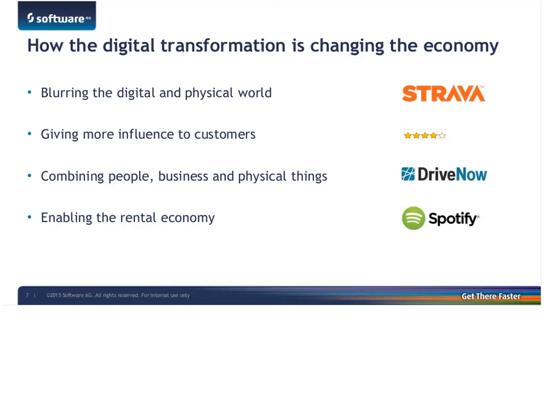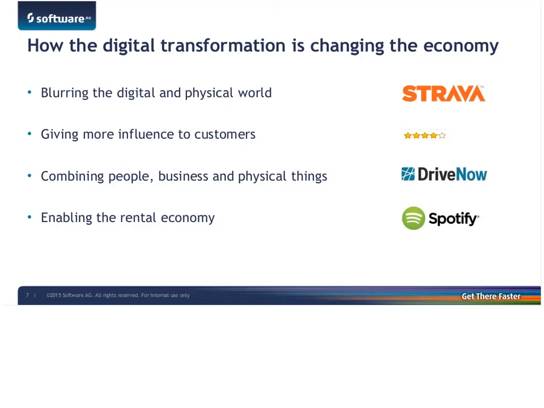Enabling the rental economy. You might remember the times when you were really proud of your book collection, CD or music collection, or your movie collection, which consumed quite a lot of space in your living room. That has also completely changed, because why would you have a large movie collection at home if you have Netflix or Amazon Prime or another provider like that?